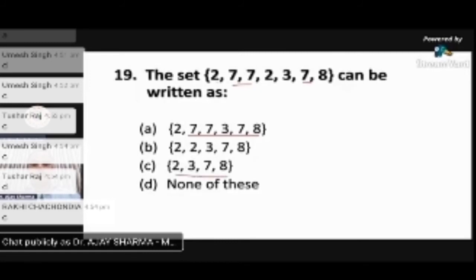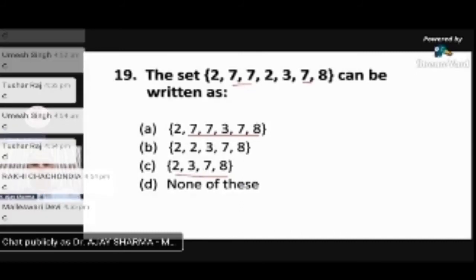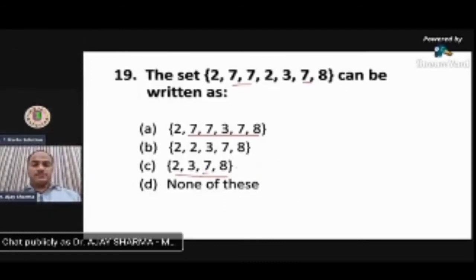So 2 is appearing 2 times, we have to write it only once. 7 is appearing 3 times, we have to write 7 once only. 3 and 8 appear once only. So this is the best proper way of writing the elements of the set. Although these two are also equal, the given set can also be written as this one or this one.